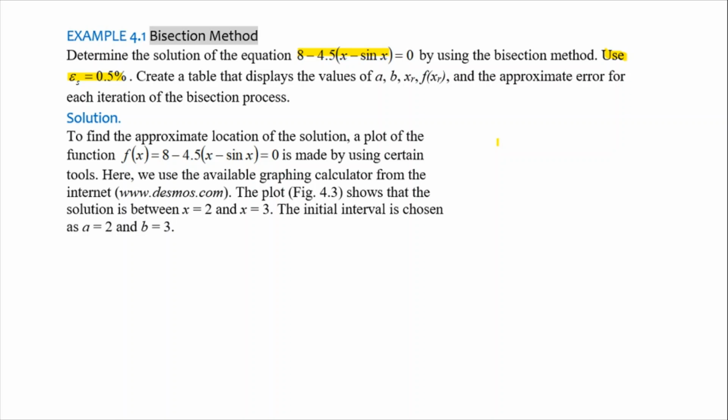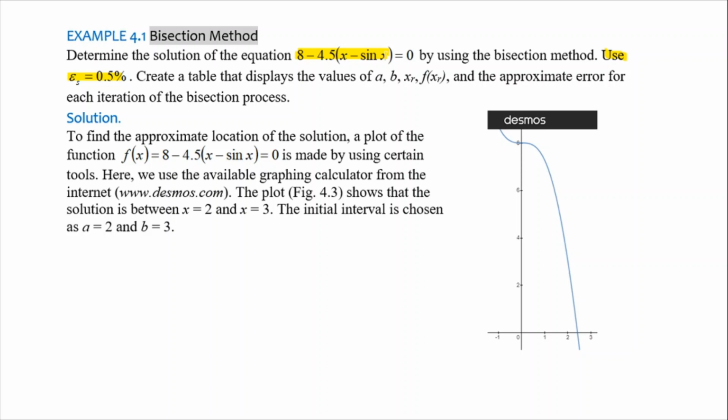So since we are using a numerical solution, we will plot the equation for us to determine an approximate location of the solution. Here we use the available graphing calculator from the internet, which is Desmos, plotted here.